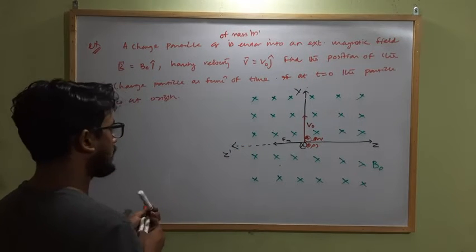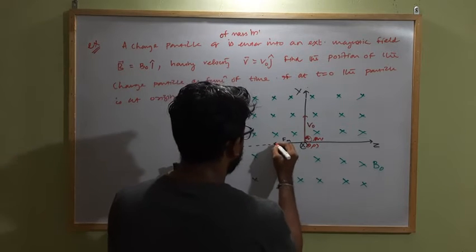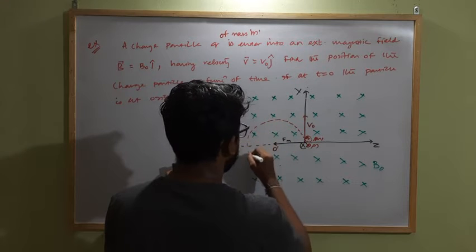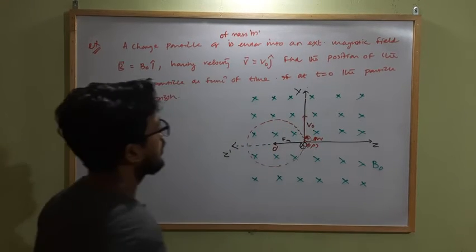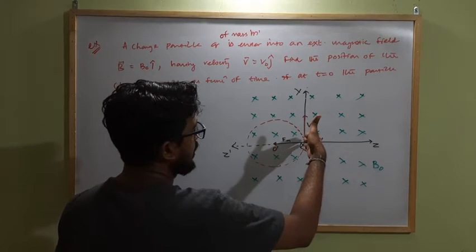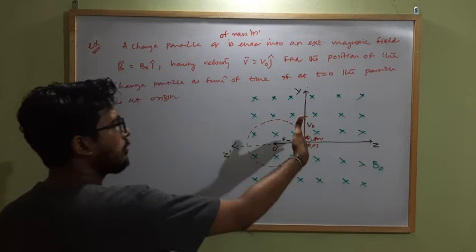The particle starts revolving in a circular path, and this will be the center O dash, like this. As the velocity is along the y-axis and the magnetic field is into the plane, the force acts along this direction. We can get it by using the right hand palm rule.